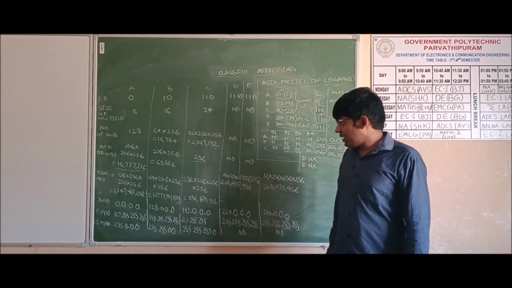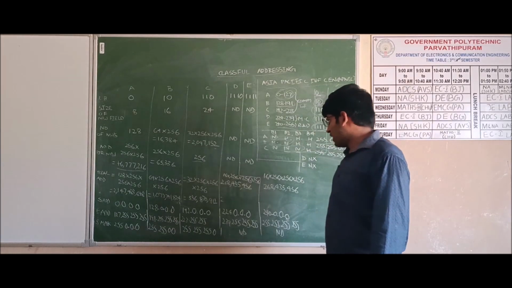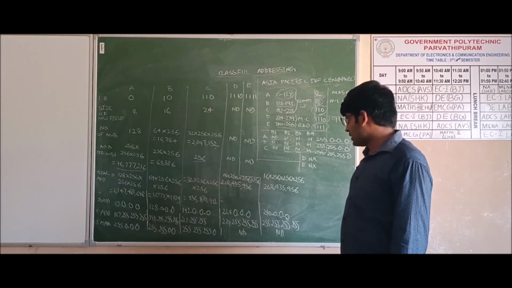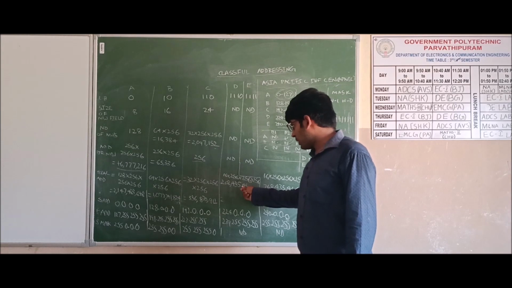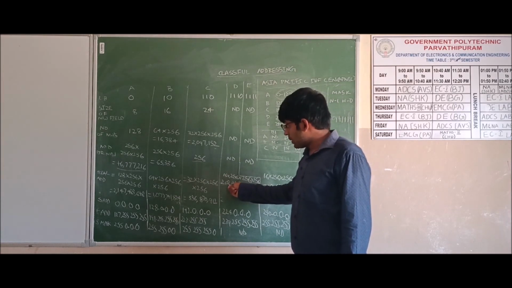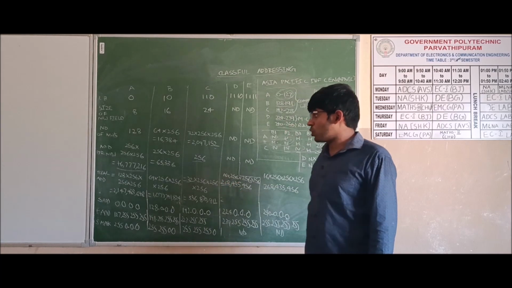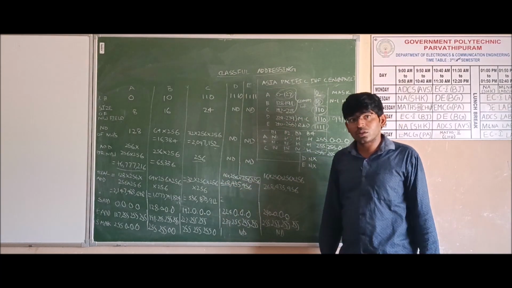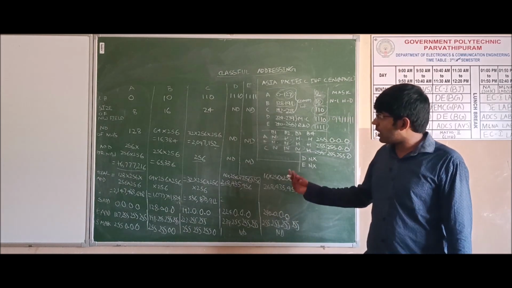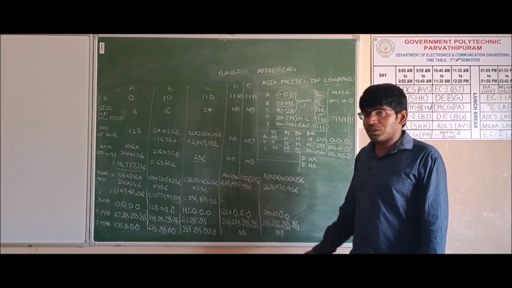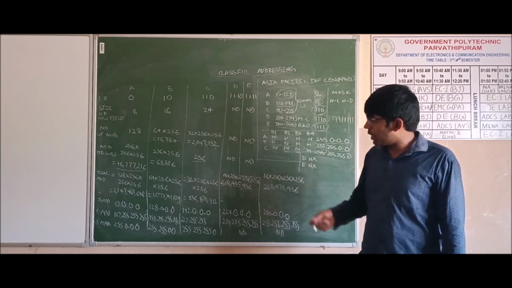By using class D we can address 26 crores of addresses. 1, 10, 100, 1,000, 10,000, 1 lakh, 10 lakh, crore. 26 crores addresses we can address by using class D. And similarly 26 crores for class E. How did 26 crore come?